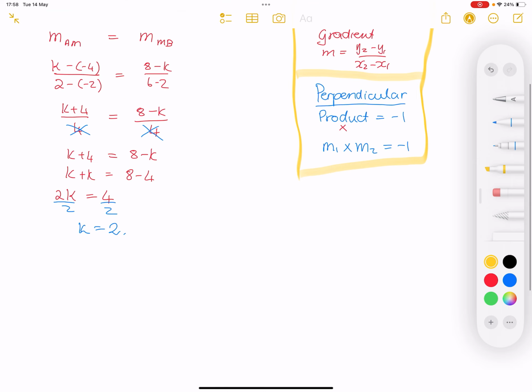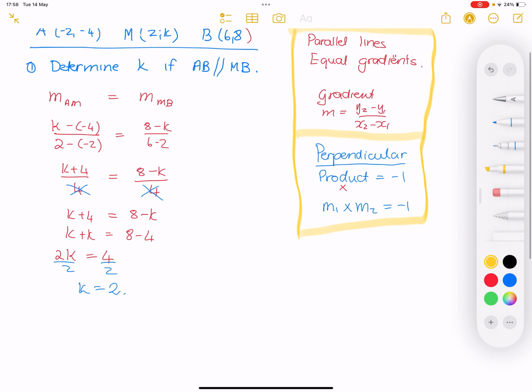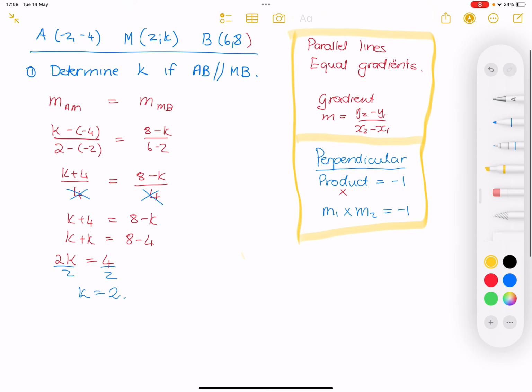Now we're going to say again, the gradient of AM times the gradient of MK is equal to negative 1.